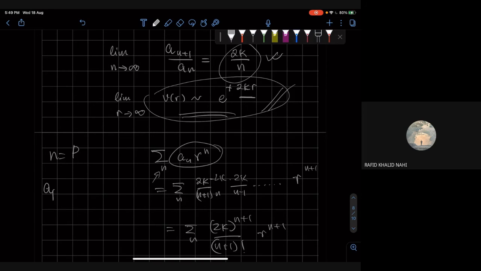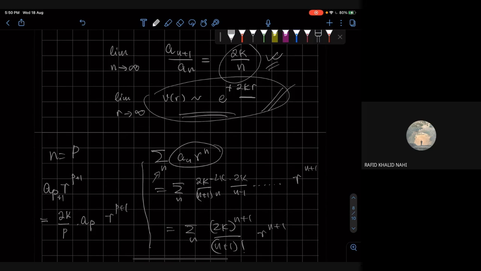We're going to have a_p r^p. But what is a_p? According to this formula, it is going to be 2k by p times a_(p-1) r^(p+1).